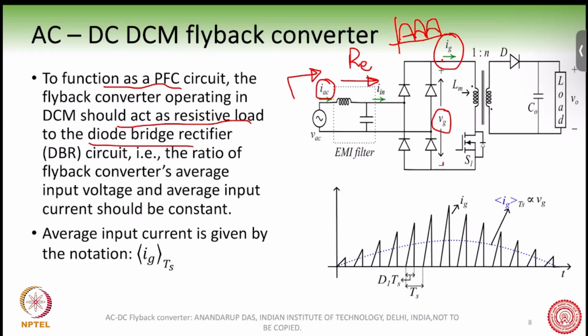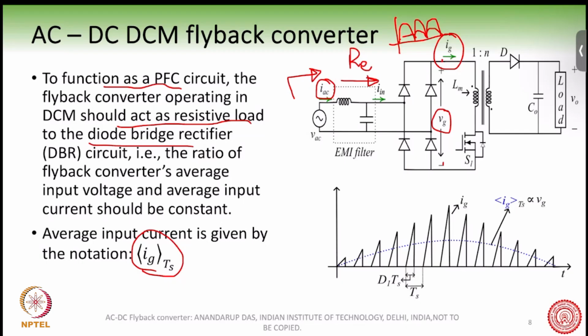Now, when we talk about the average and the instantaneous value, we will introduce a notation. The notation is something like this, IG angle brackets TS. What does this mean? It means the average value of IG over a switching period.